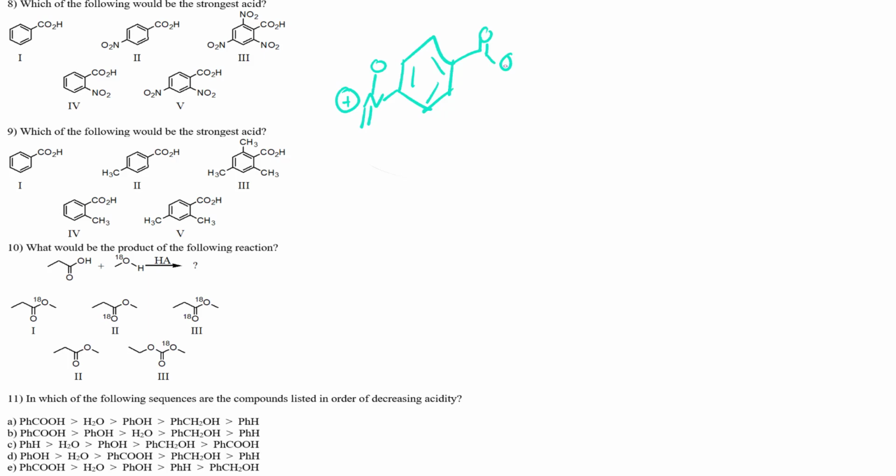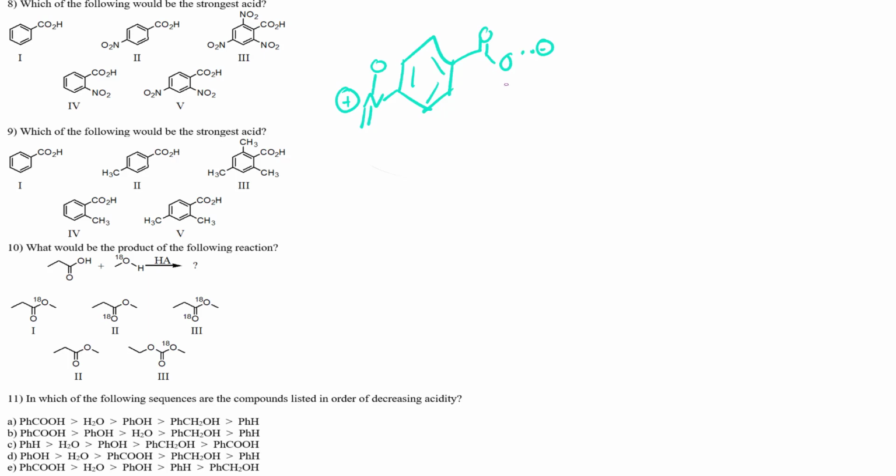And this carboxylic acid released a hydrogen, because that's what acids do, they release hydrogens. So we have an excess of electrons right here, okay? Well, these electrons can travel around the ring, and whenever they travel around the ring, the nitrogen is going to be withdrawing them, okay? It's going to be withdrawing them.